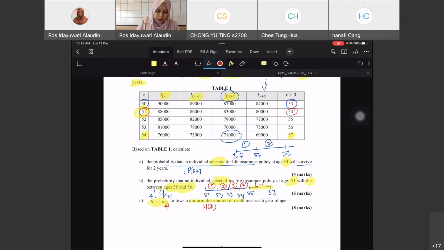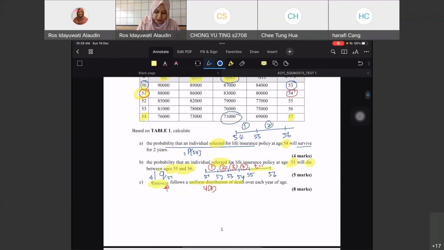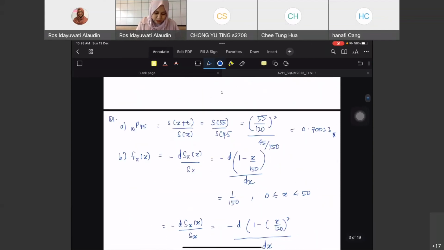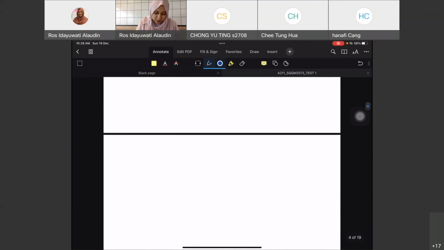So now we try to solve this one. Question 2. The first one is we have to find P54. Don't forget the bracket, because it represents the life in the select life table. If you don't put the bracket, it means that it is from the normal or the ultimate life table, and it's wrong.